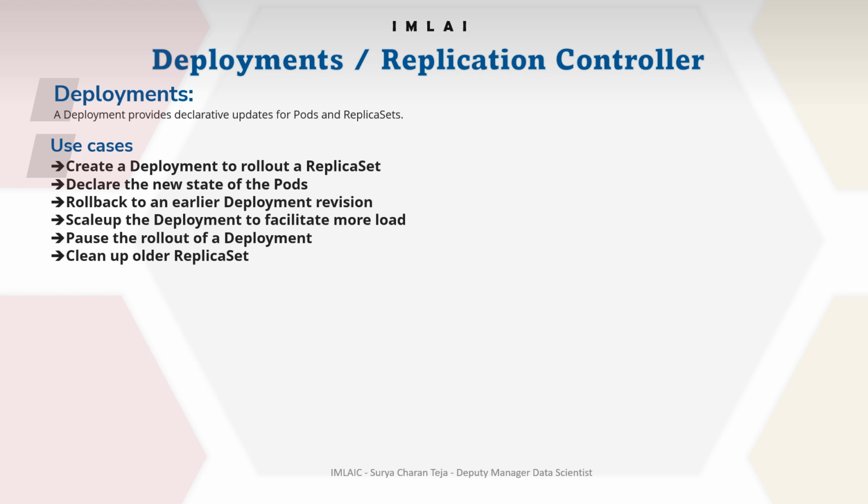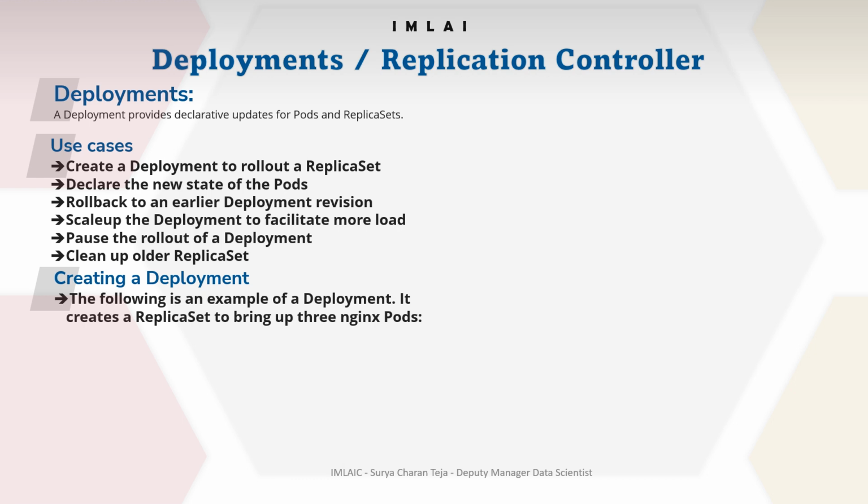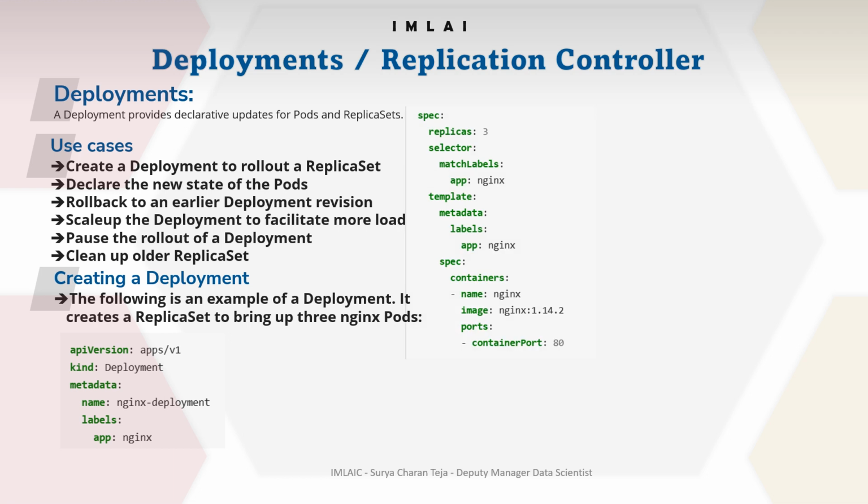So now let's look into one example, creating a deployment. The following is an example of a deployment. It creates a replica set to bring up 3 Nginx pods. You can see that on the screen.